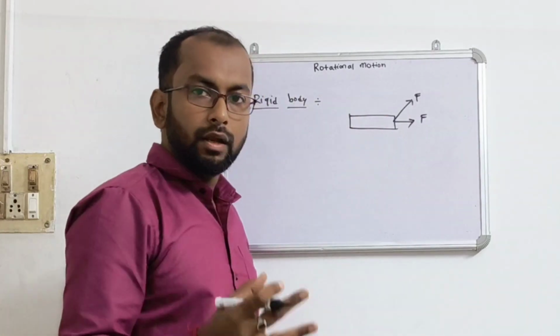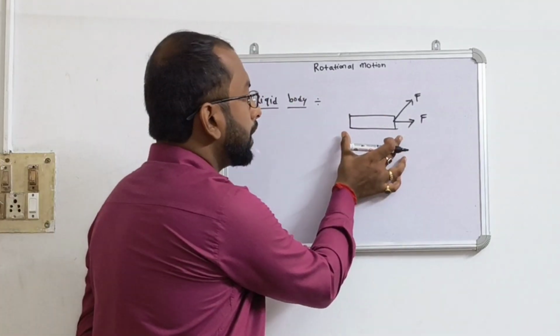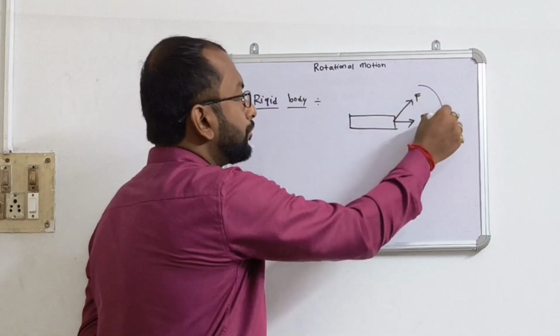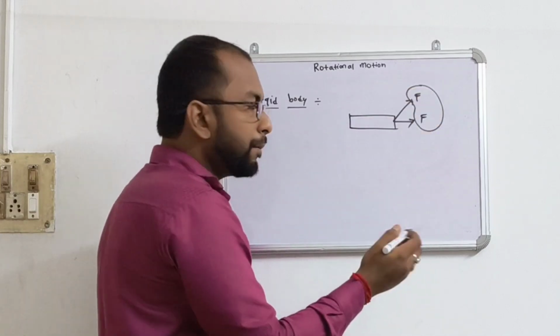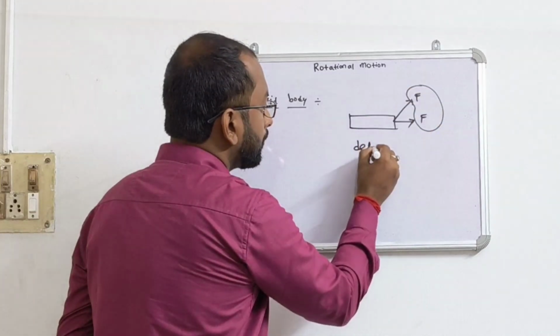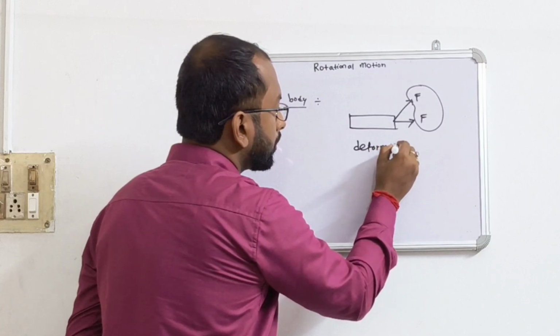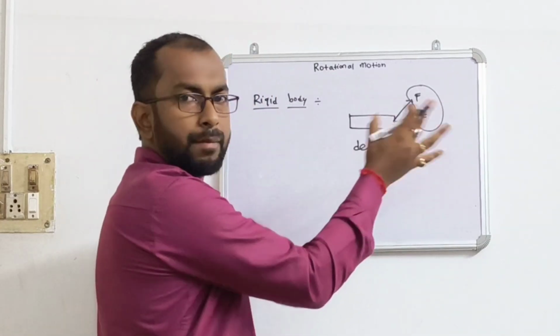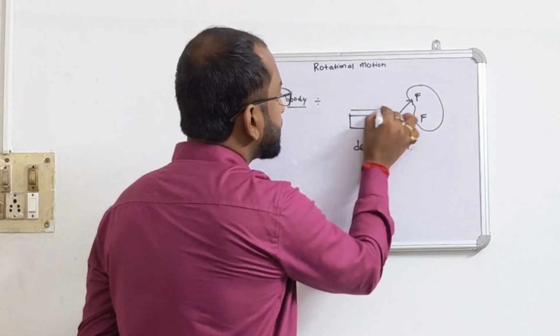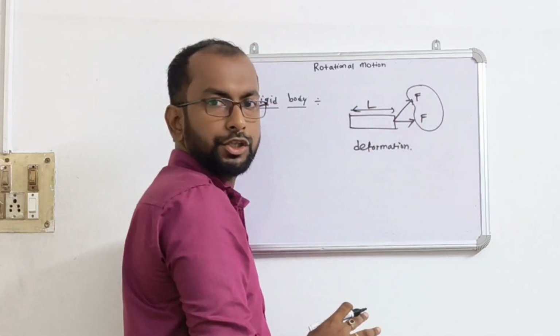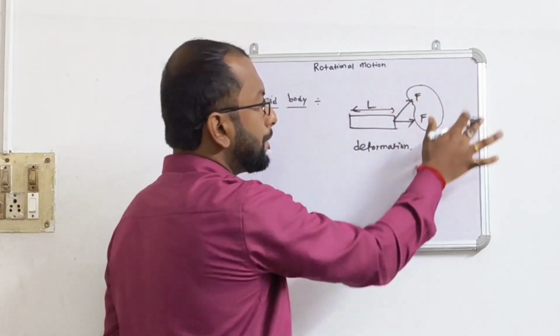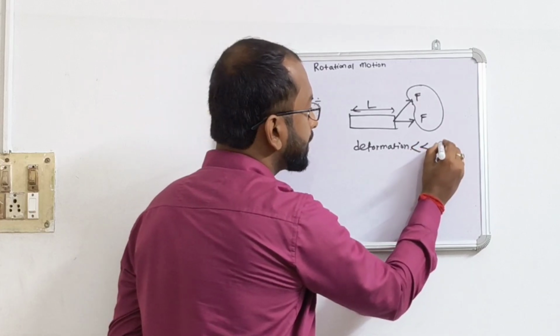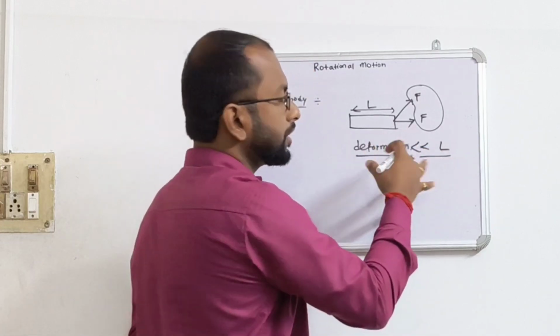Or realistically, we can say that in a rigid body, whatever amount of force you apply, the deformation will be very small compared to its dimension. Suppose L is the length of the rigid body. The deformation due to application of all these forces will be much less than L, its dimension.